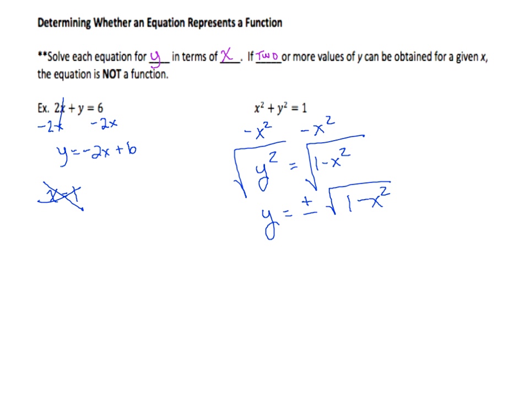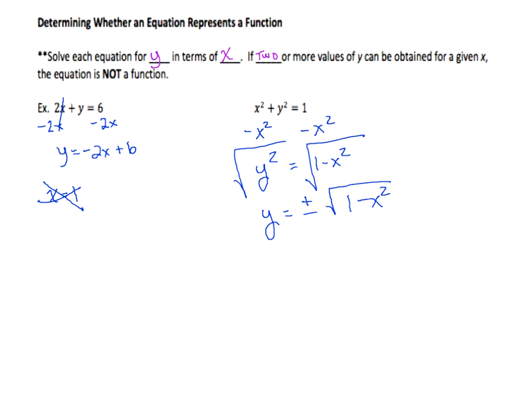Sorry, my pen kind of bled into the other thing. So in this case, let's do a test run here. Let me choose a strategic number. One's not really a good one to do because you get positive or negative 0.